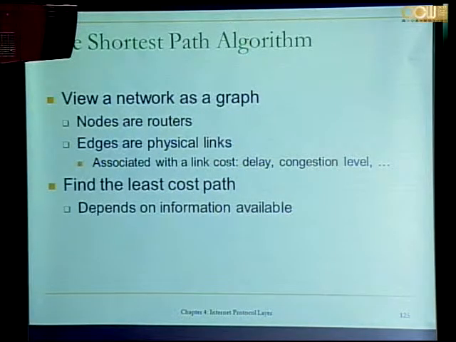And the cost could be delay or congestion level or something else. But in the internet, the cost is usually the delay. And then you want to find the shortest path, which will be equivalent to the least cost path, the path with the least cost.